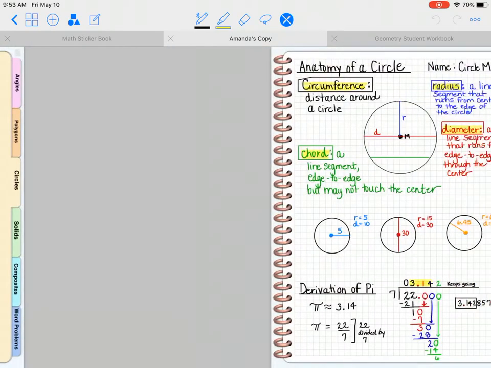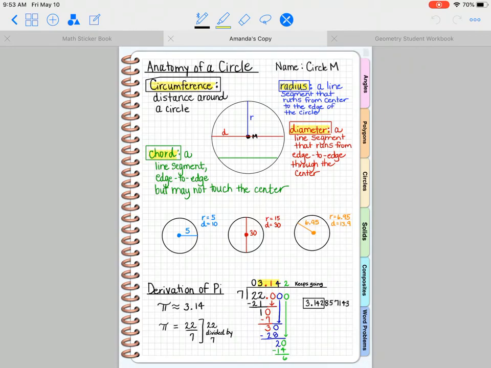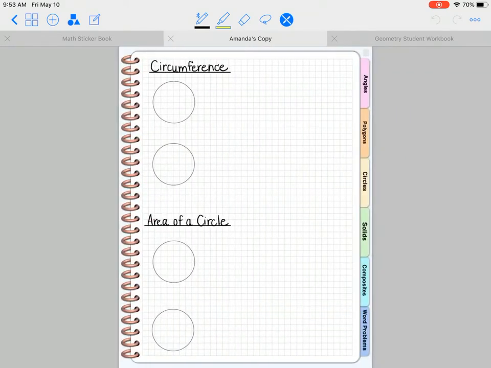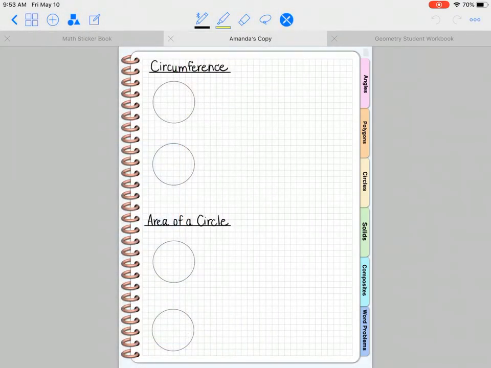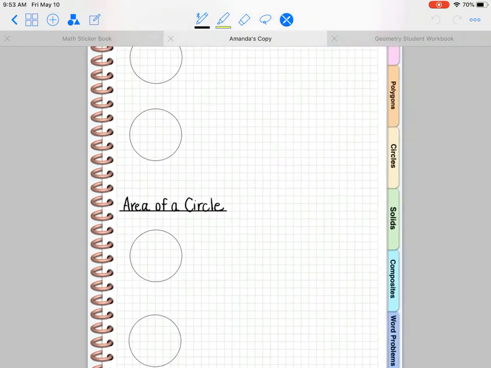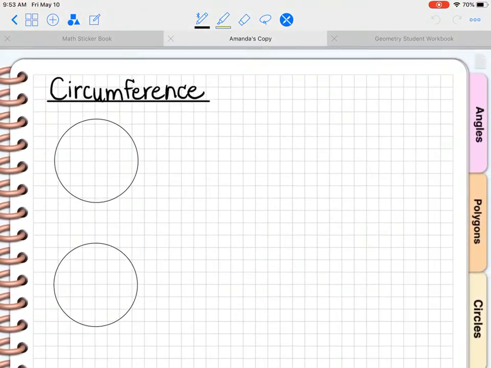And remember last time we talked about the anatomy of a circle and where pi comes from. And now we're up to a page about circumference and area of a circle. And then we have a couple of exercise pages that I'll probably put on another video. Okay, the circumference formula. Let's start with this one.